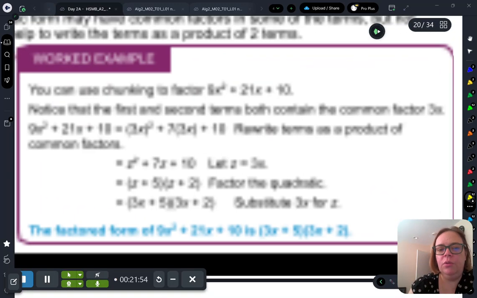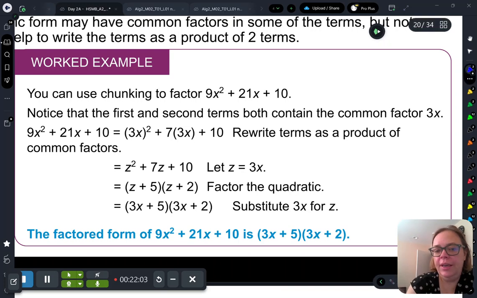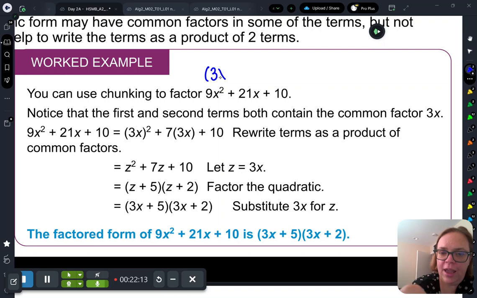We have 9x squared plus 21x plus 10. 9x squared and 21x, you can both write in terms of a 3x. So if I took 3x and put it in parentheses and squared it, that gives me 9x squared. And 21x is like 7 times 3x.